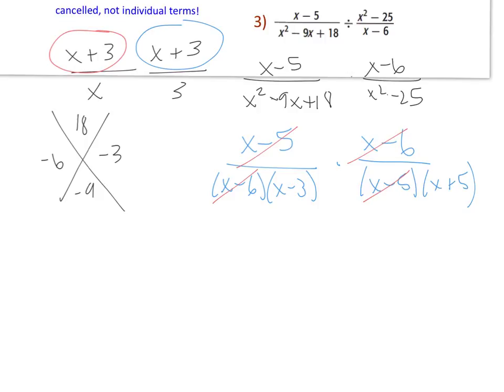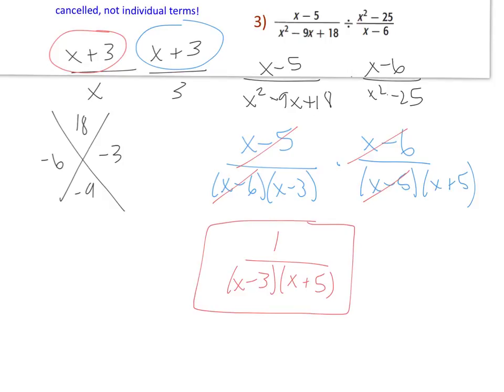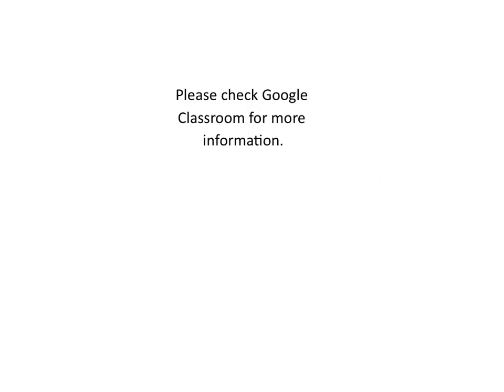So what I end up having is 1 times 1 over x minus 3 times x plus 5. Now I do need that 1 in the numerator of my fraction, because if I didn't have that there, then I wouldn't have anything in the top part of my fraction, and maybe forgotten that this actually was 1 over x minus 3 times x plus 5, because x minus 3 times x plus 5 over 1 is something that's entirely different. So this would be my final answer.